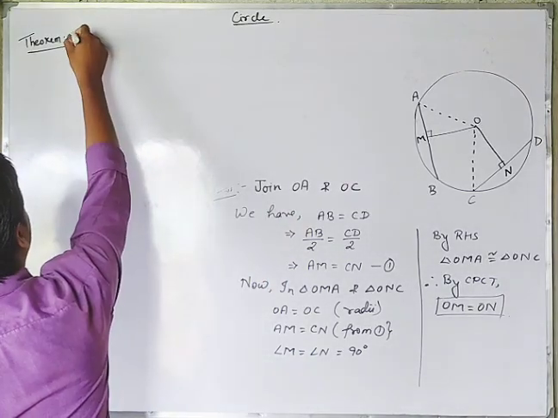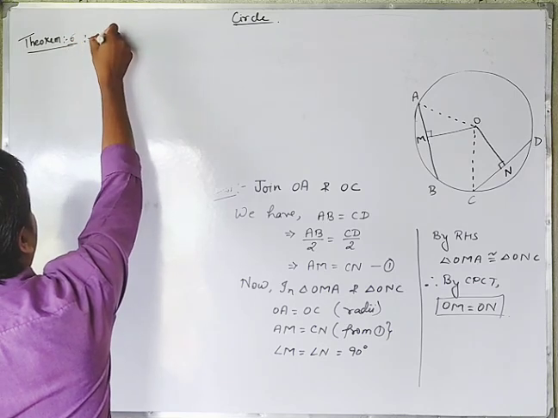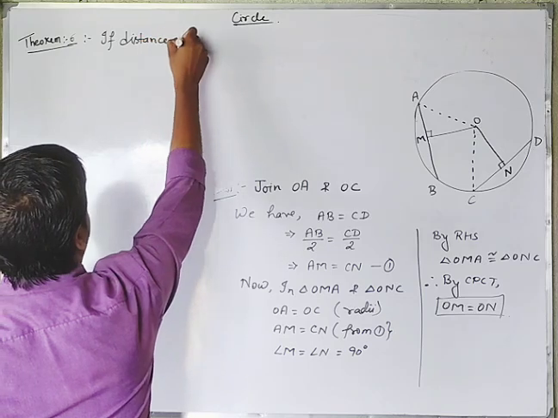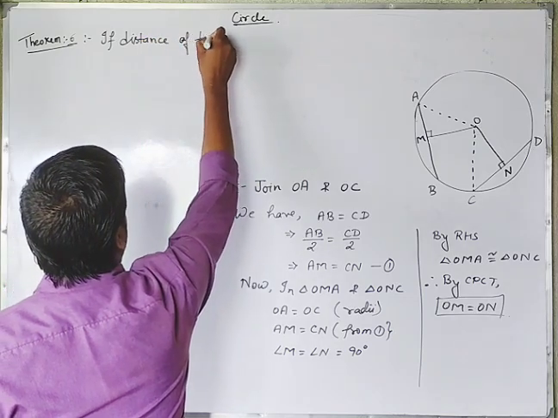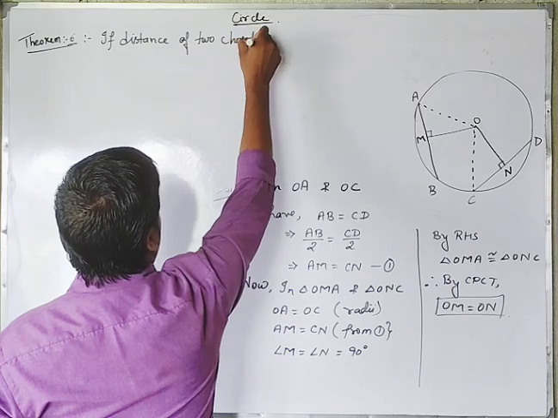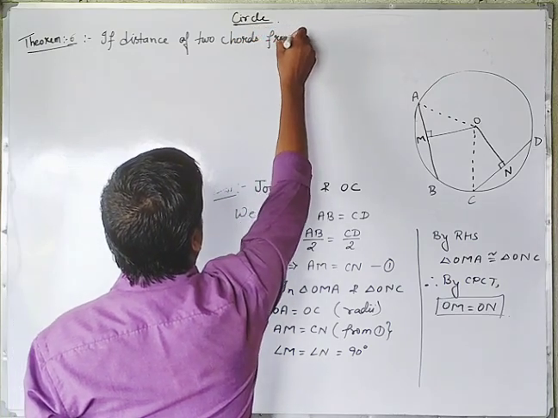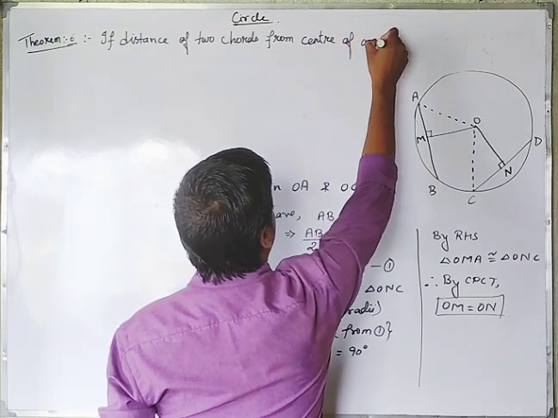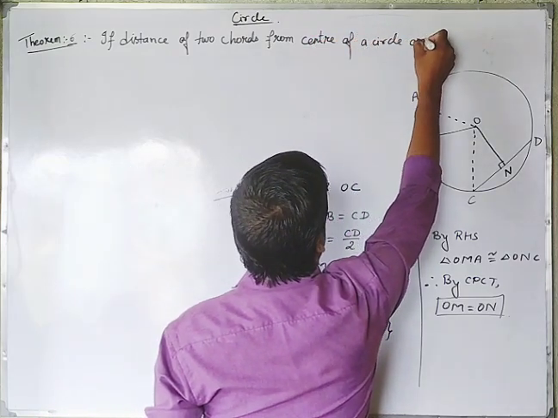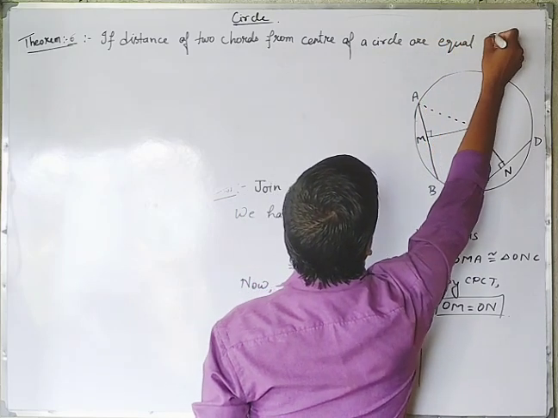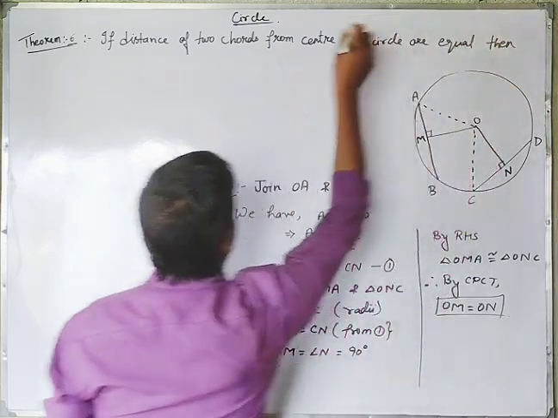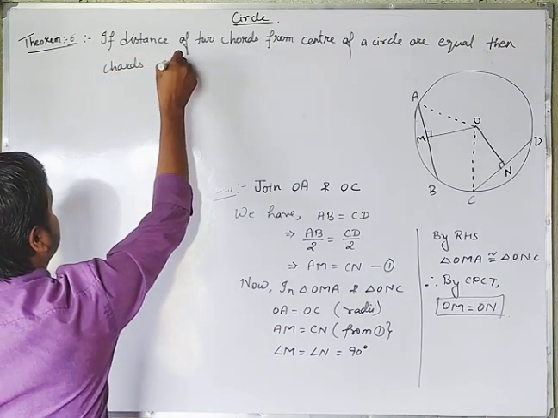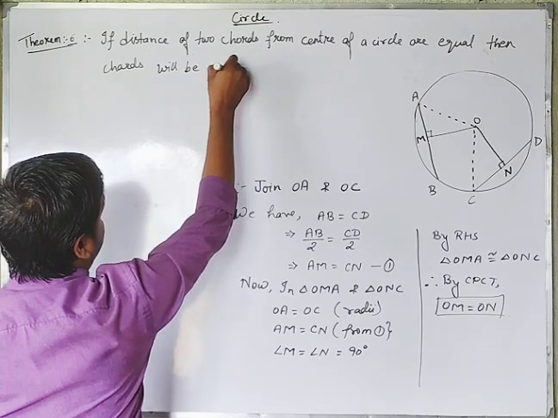The last theorem: if the distances of two chords from the center of a circle are equal, then the chords will be equal.